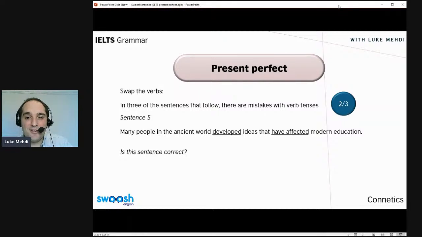Oh, I think Joyma thinks it's correct. And Joyma, you are correct. This sentence is fine. Developed ideas in the ancient world thousands of years ago have affected modern education. That is a state that continues until today. So this is a correct sentence.